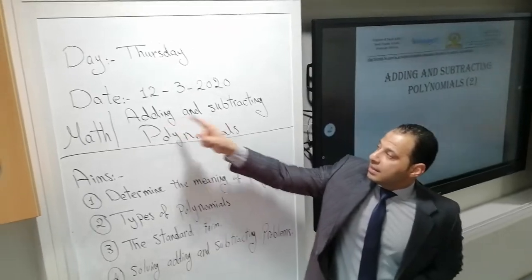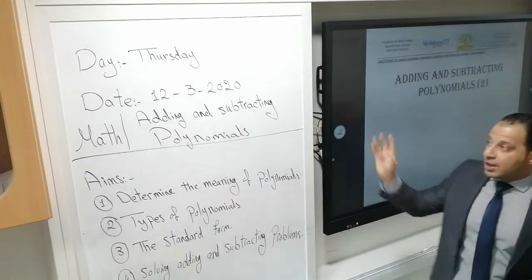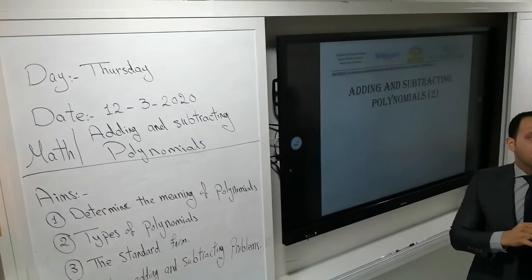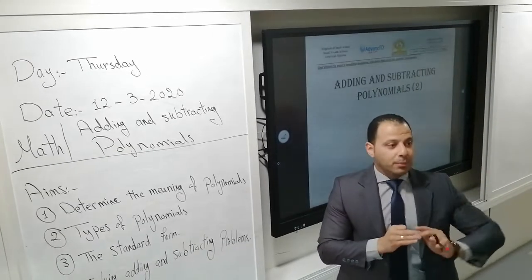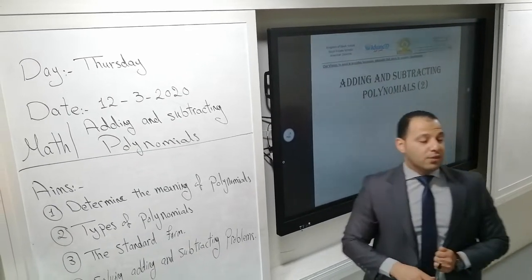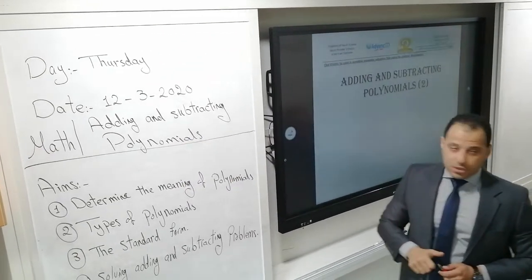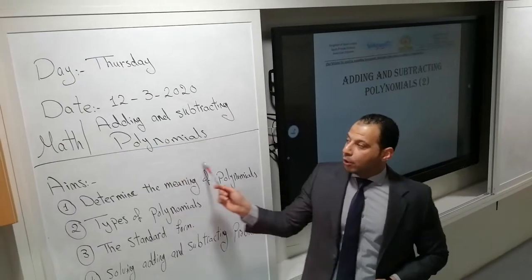We have four main operations, which are adding, subtracting, multiplying, and dividing. Today we are talking about two of them, adding and subtracting, plus or minus. Of what? Of the polynomials.